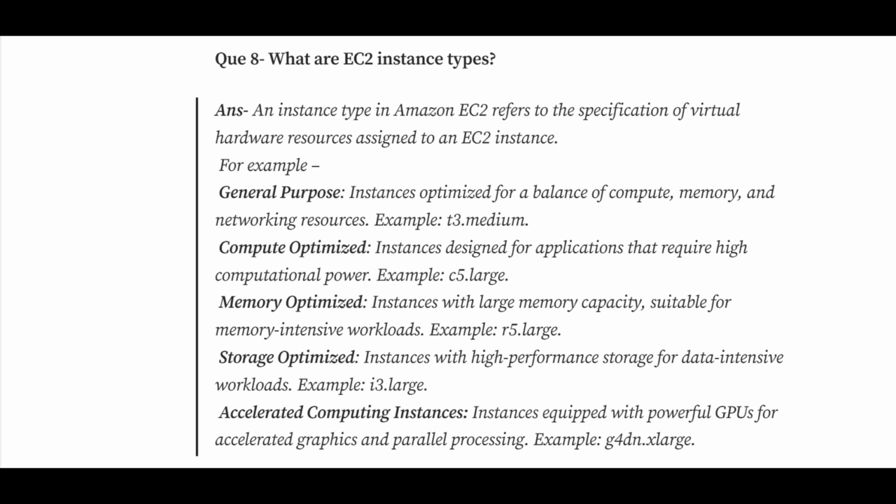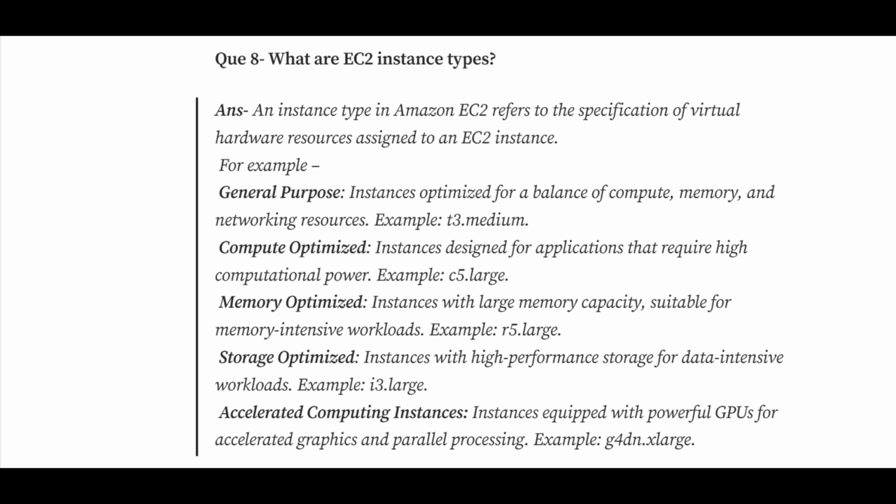For example, you have general purpose instances. These instances are optimized for a balance of compute, memory, and networking resources. Example, your T3.medium. We have compute optimized instances which are designed for applications that require high computational power. Example, C5.large.